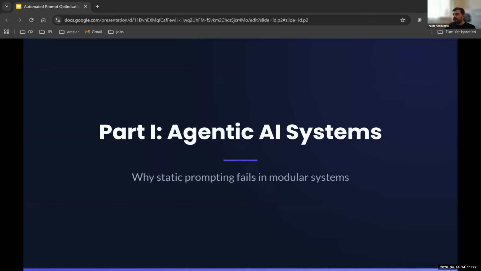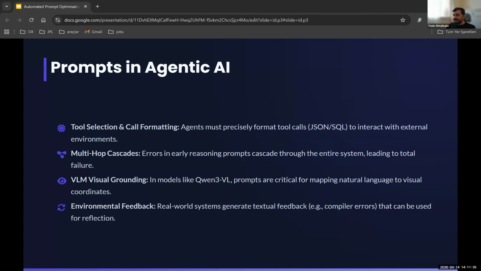However, there are so many things that you need to optimize. For example, in agentic AI, one key part is you need to call the correct tools. And how do you do that is a really difficult problem.